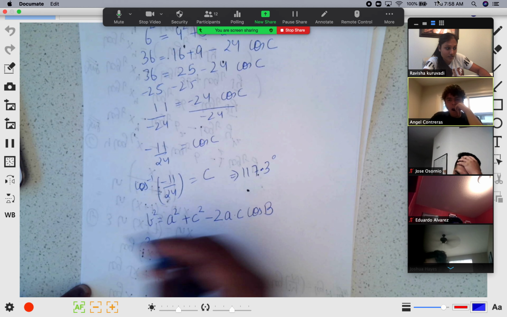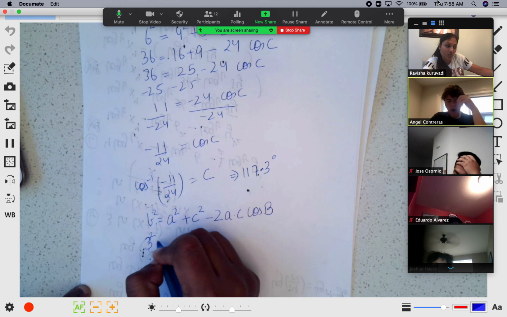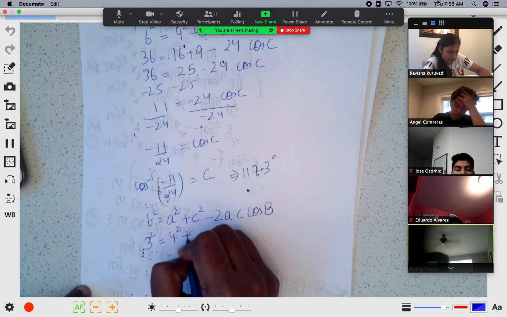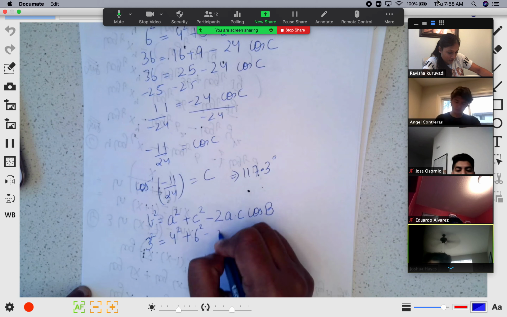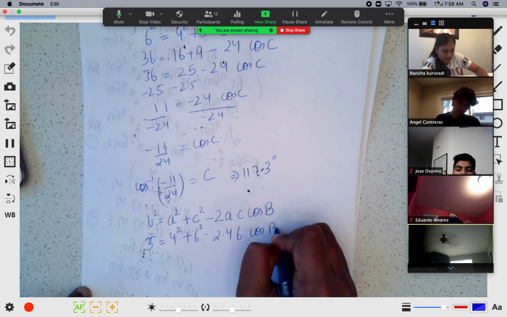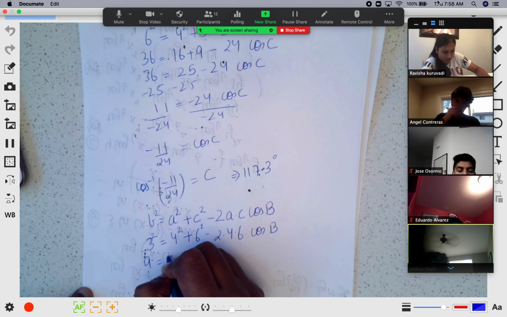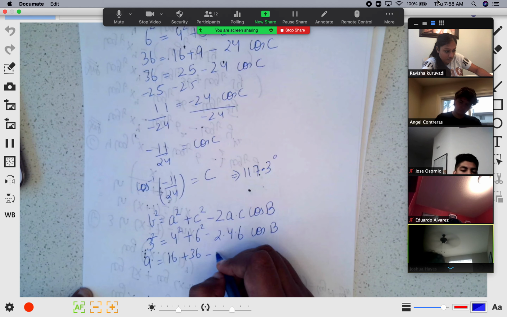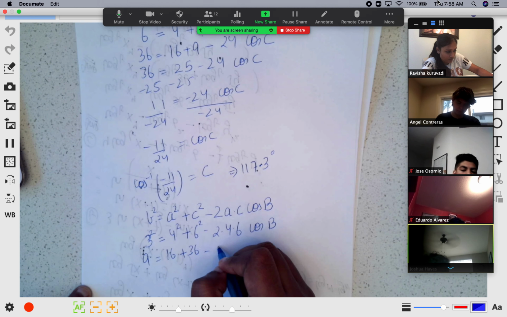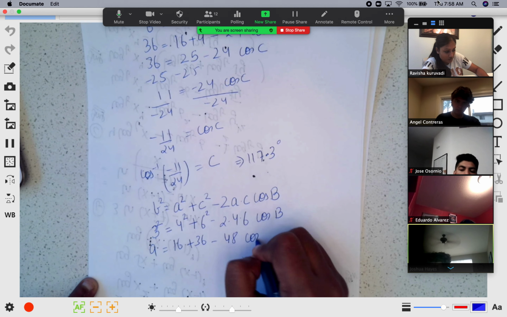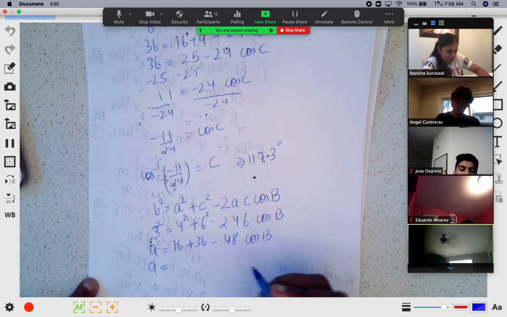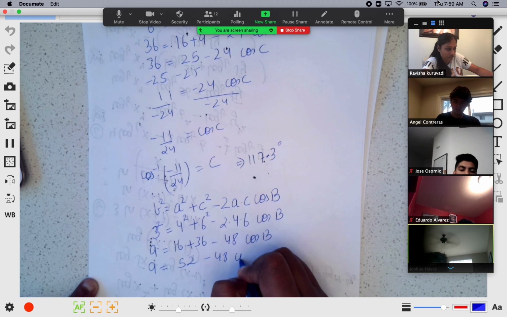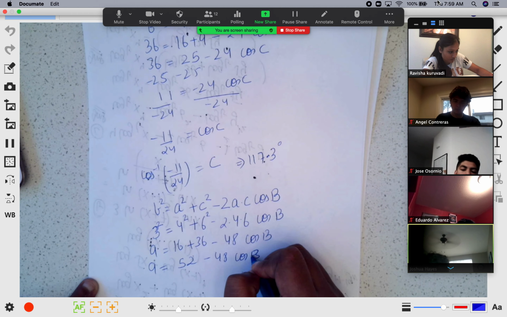So your B squared was 3 squared, A was 4 and C was 6, and then you have cosine B. So you get 9 is equal to 16 plus 36 minus 48 cosine B.